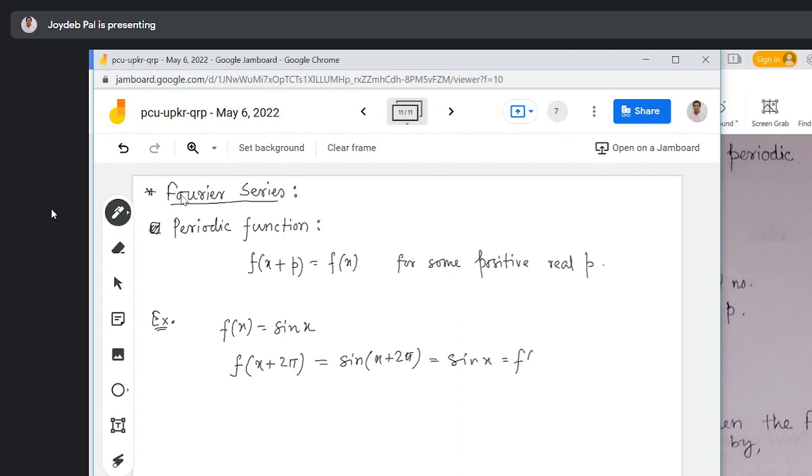That means f(x). So what we are getting is that f(x plus 2 pi) is equal to f(x), and that 2 pi is the smallest positive real number for which this is happening, right? Therefore, f(x) equals sin x is a periodic function, and that p is called period.